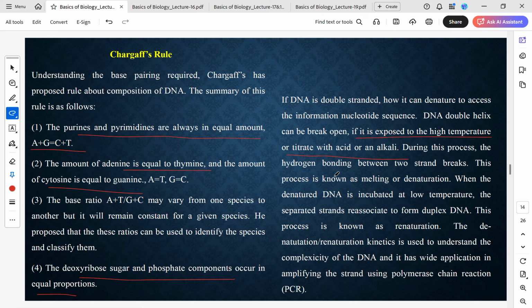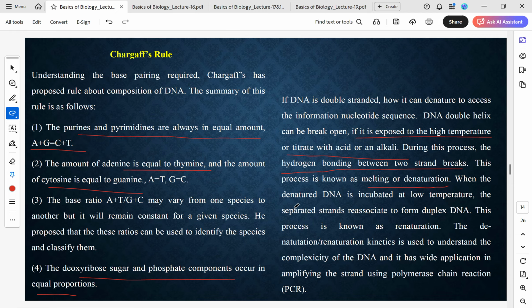During this process, the hydrogen bonding between the two strands breaks. This is known as melting or denaturation, which happens in various processes, especially during polymerase chain reaction, wherein we first denature the DNA, after which we anneal any primers or do any other steps. The first step is always denaturation.